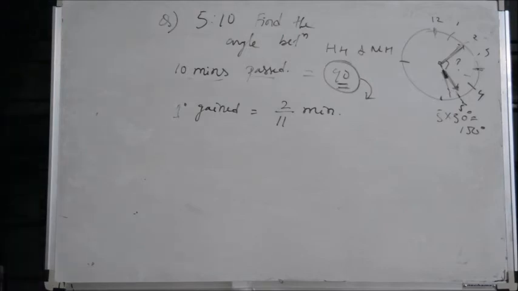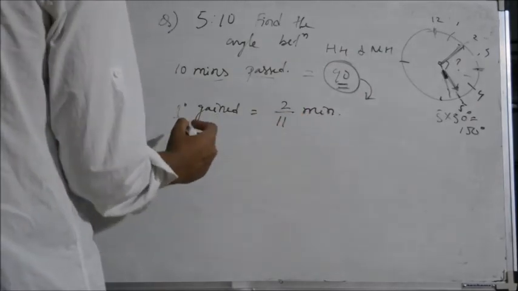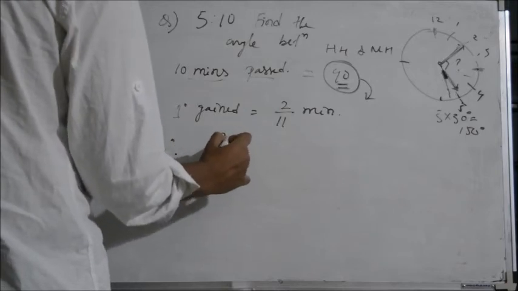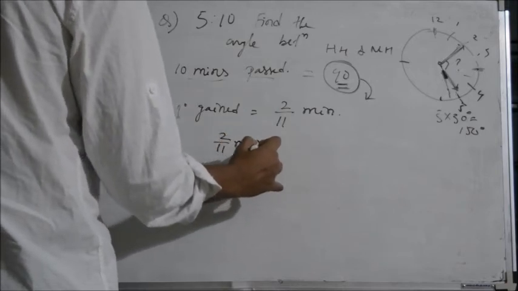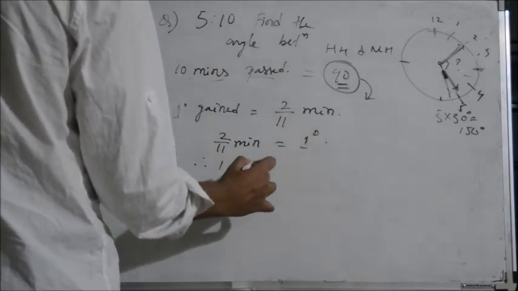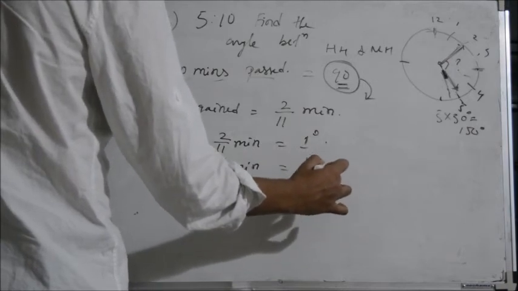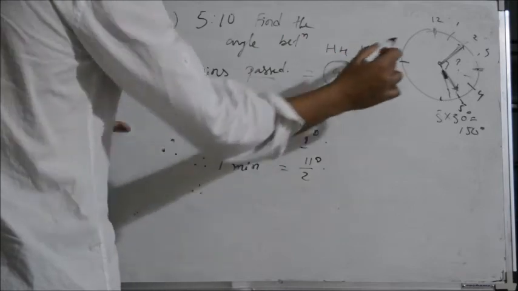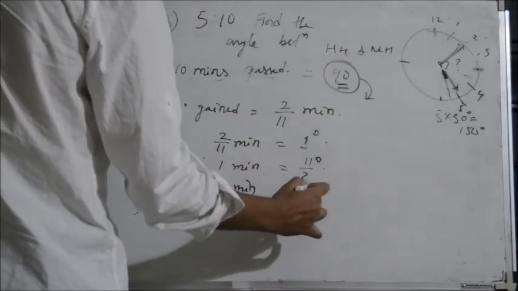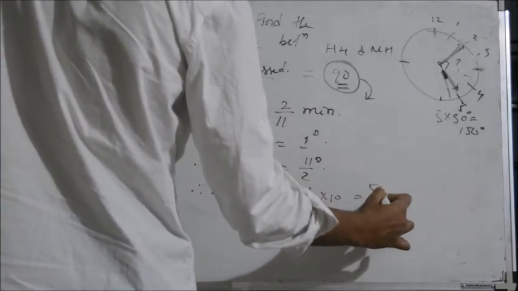So in 2 by 11 minutes, we gain 1 degree. Therefore, in 1 minute, we gain 11 by 2 degrees. Therefore, in 10 minutes, it will be 11 by 2 into 10, which is equal to 55 degrees.